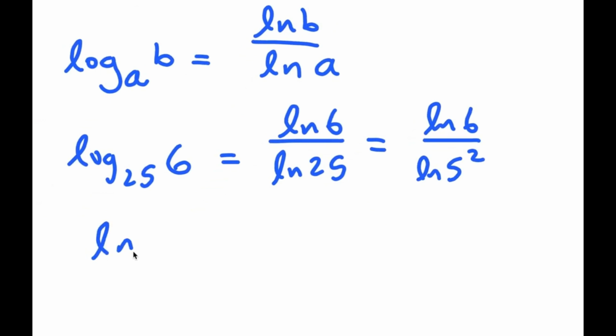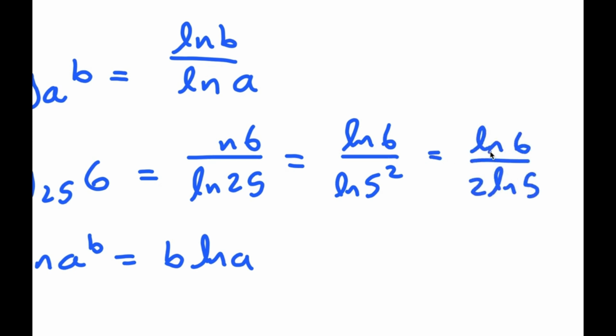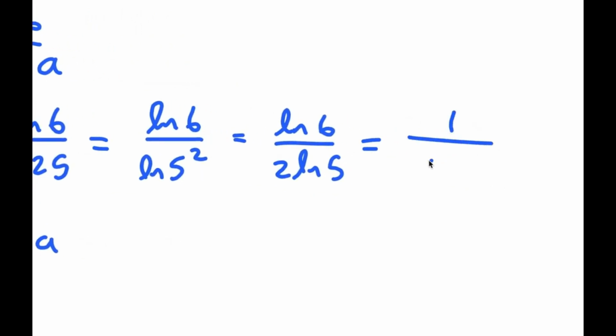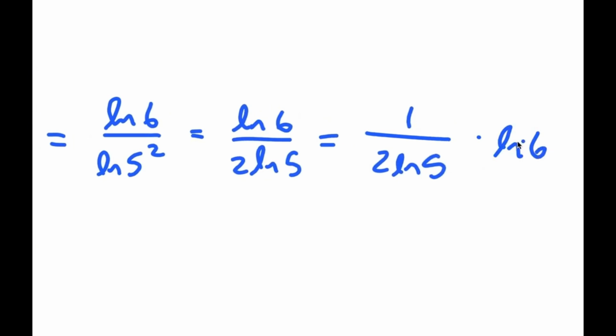Now another property of logarithms is if I have something in the form ln a to the power b, this is equal to b times ln a. So this is the same thing now as ln 6 over 2 times ln 5. Which I'm actually going to rewrite as 1 over 2 times ln 5 times ln 6.